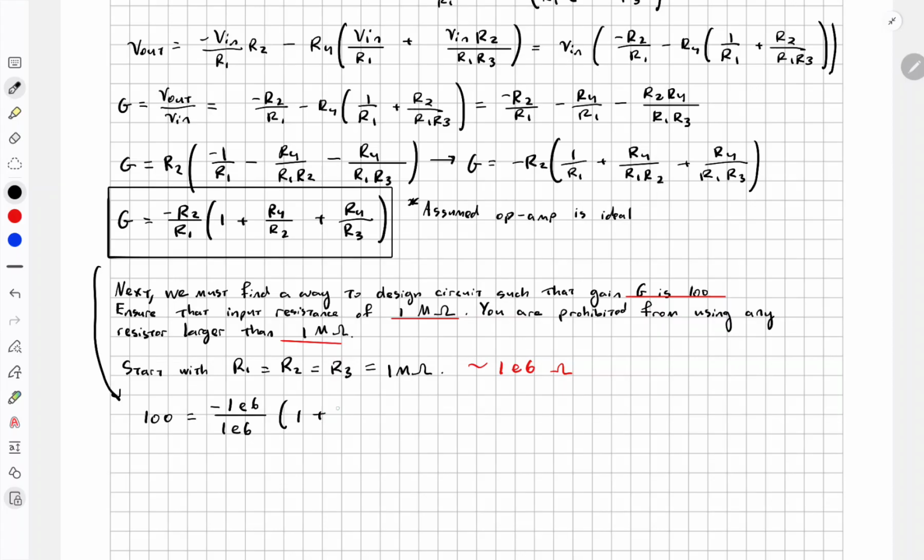We don't know R4, we're going to solve for that. R4 divided by R2, which is 1 mega ohm, plus R4 divided by R3, which is 1 mega ohm. So 100 equals, you can see the mega ohm cancels, so it's just negative 1, then multiply 1 plus, you can see these are the same fractions, so it's just 2 R4 divided by 1 mega ohm.